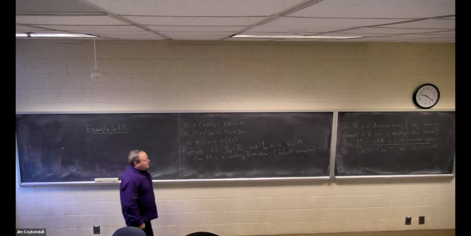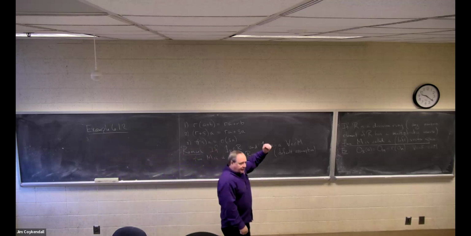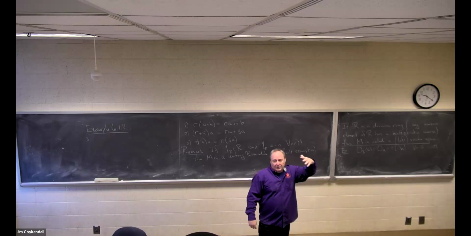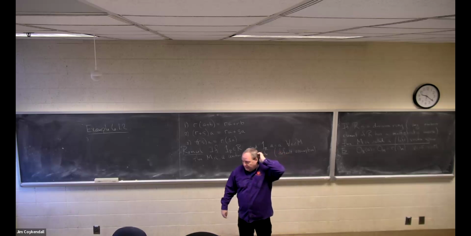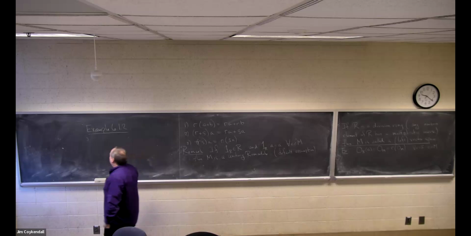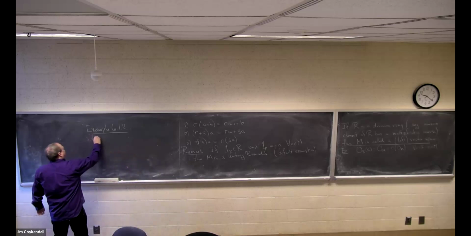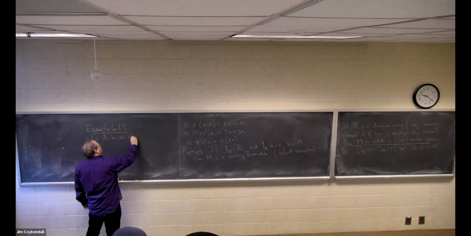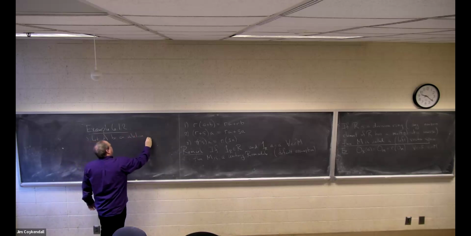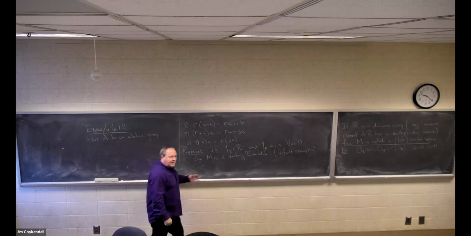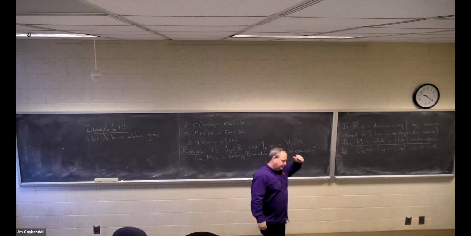By the way, for the definition I gave you of modules, it is fairly clear why a module is a generalization of a vector space, because the only thing we really changed was the scalars: a ring instead of a field. I also said it's a generalization of an abelian group. How do I see that? Let A be any abelian group you like.